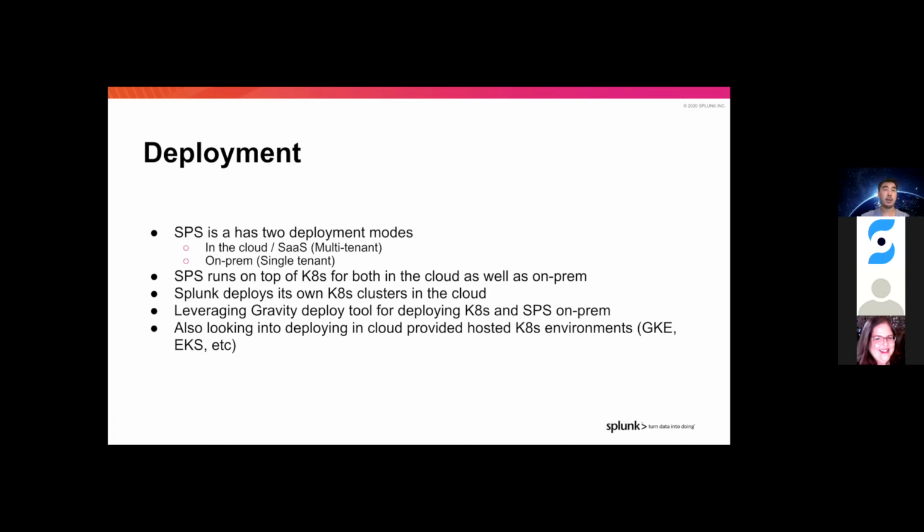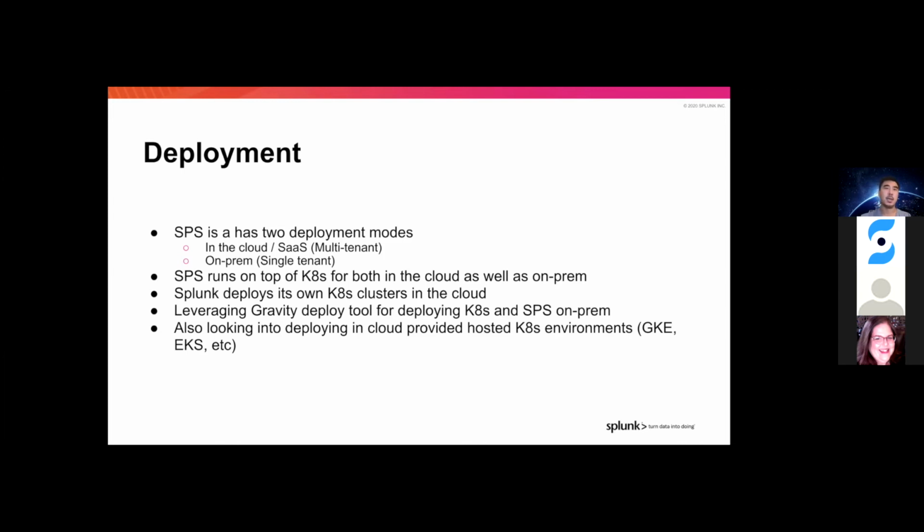The other is on-prem, which is primarily single tenant for our on-prem customers that require this functionality. Like I said, SBS runs on K8s for both cloud and on-prem. We're leveraging Kubernetes for both our on-prem and cloud deployment, so that we don't have to have two separate deployment scripts for how we deploy individual services.